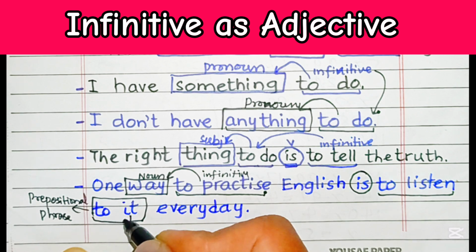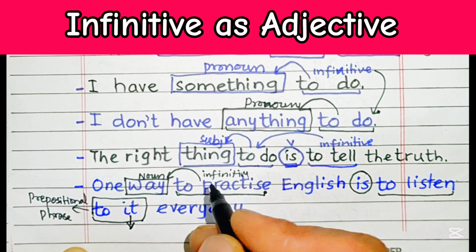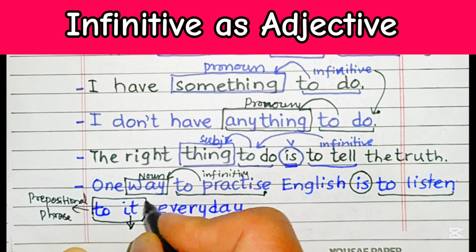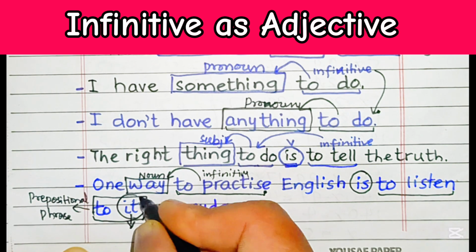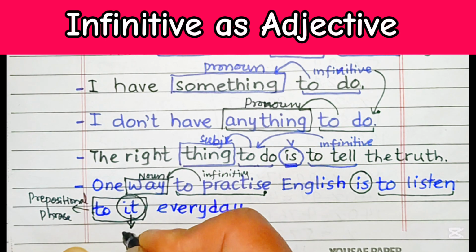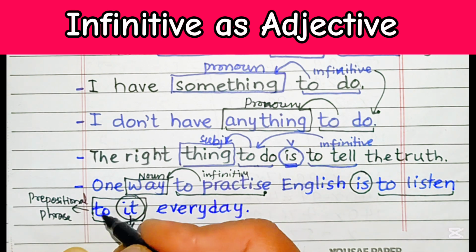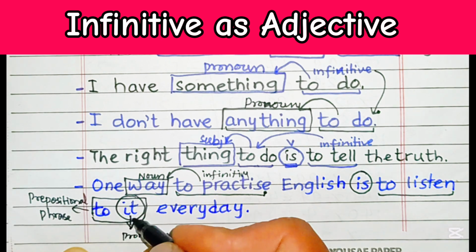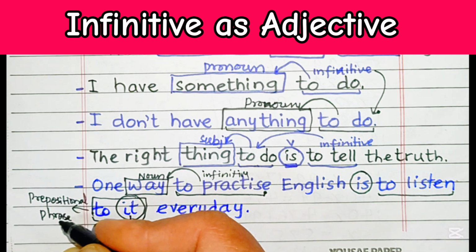This is one reason why it is necessary to think carefully about the difference between infinitives and prepositional phrases. It looks like an infinitive, but it's not an infinitive because it ends at it. This particular phrase ends at a pronoun, that is it. So that's why a preposition that ends at a noun or pronoun becomes a prepositional phrase.